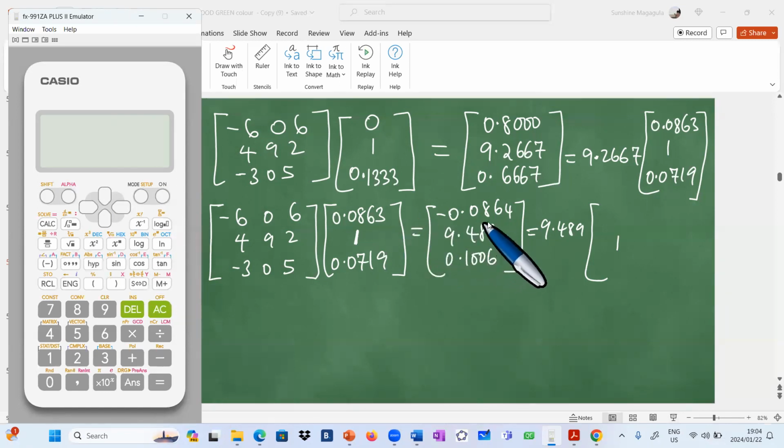And then now the top one here also, if you divide this one by this, minus 0.0864, you divide by 9.489, you get minus 0.0091.